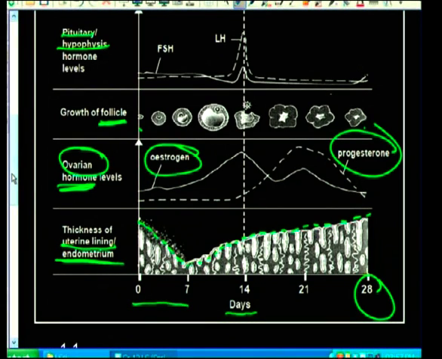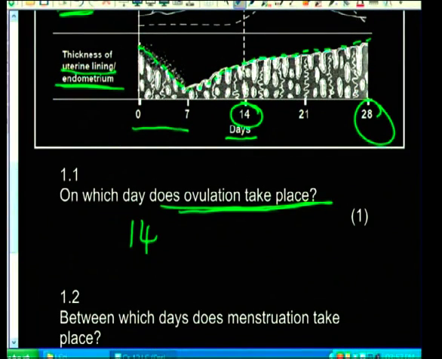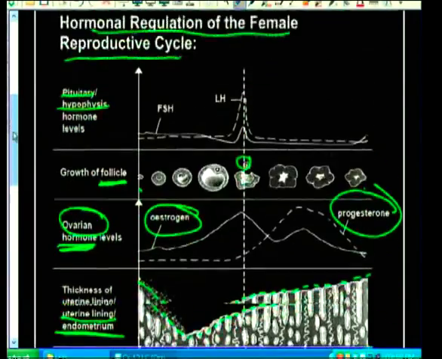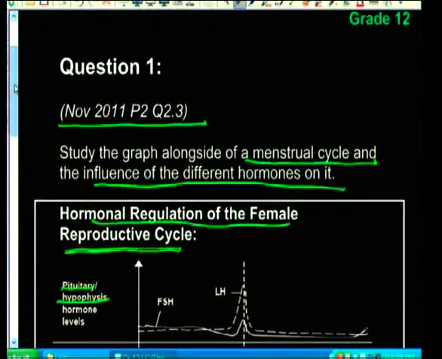Look at the follicle, growing, growing, growing, mature follicle, and here something is being released, on that line there. So your answer is around the 14th day, or day 14.